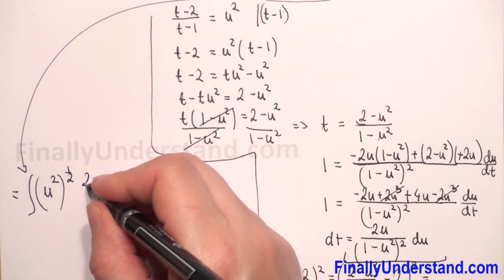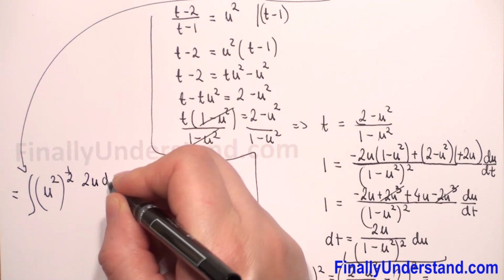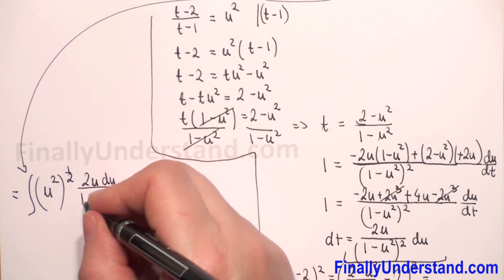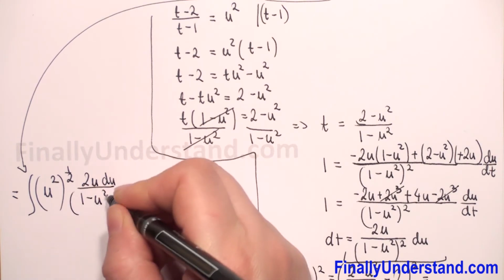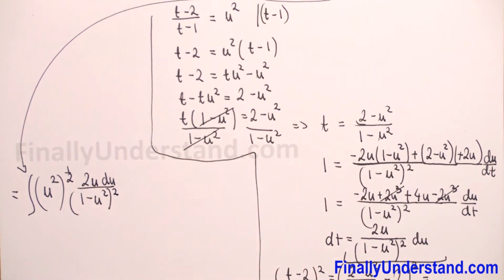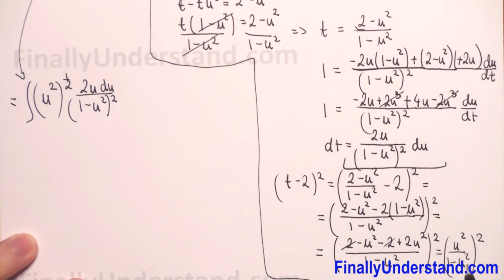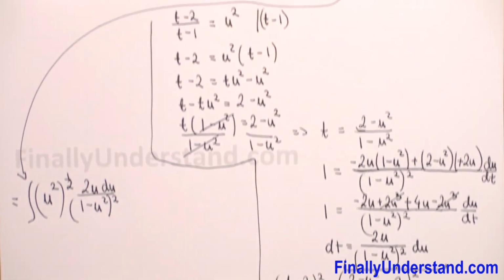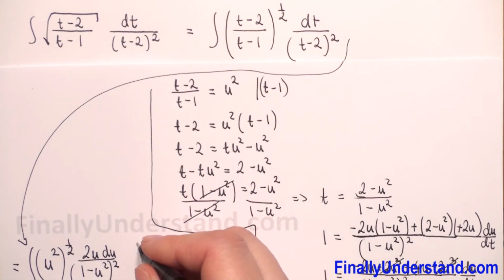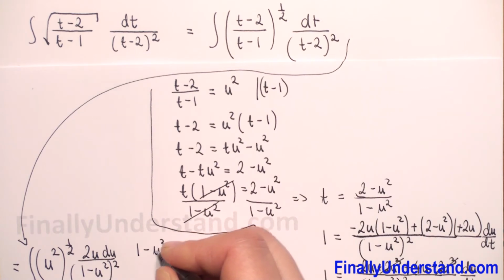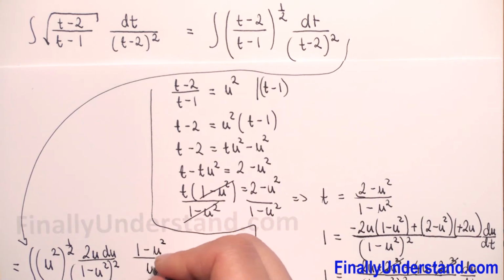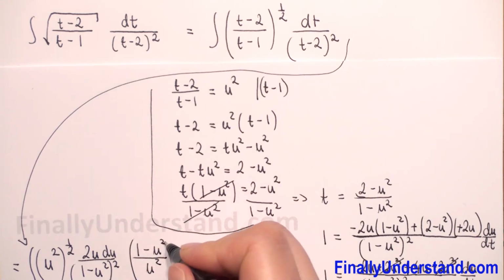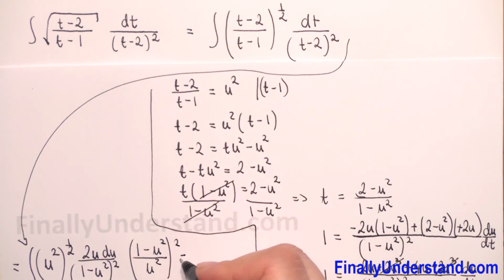So we have 2u du over (1 minus u square) to the second power, and like I said, we have to flip this fraction, so we will have (1 minus u square) to the second power over u square, everything to the second power.